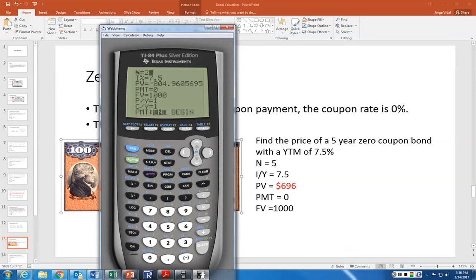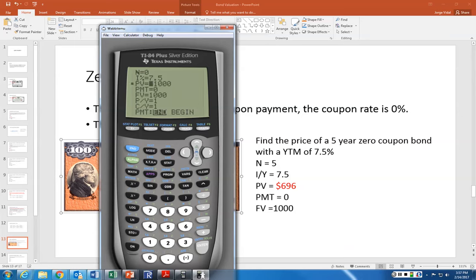When you only have 2 years left until maturity, present value will be 865. We only have 1 year until maturity, 930. Okay. And on the day the bond matures, N equals 0, calculate present value, 1,000.